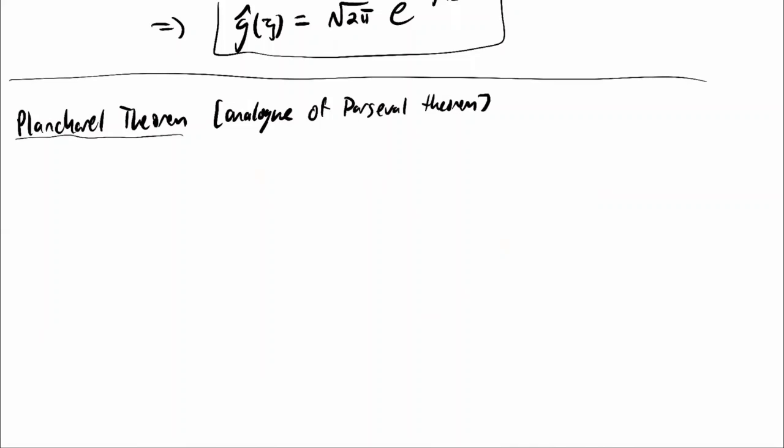In particular, this relates a version of the L2 norm of the function to the L2 norm of its Fourier transform. In particular, if I look at the integral from minus infinity to infinity of the absolute value of f of x squared dx, this is equal to 1 over 2 pi times the integral of the Fourier transform squared.